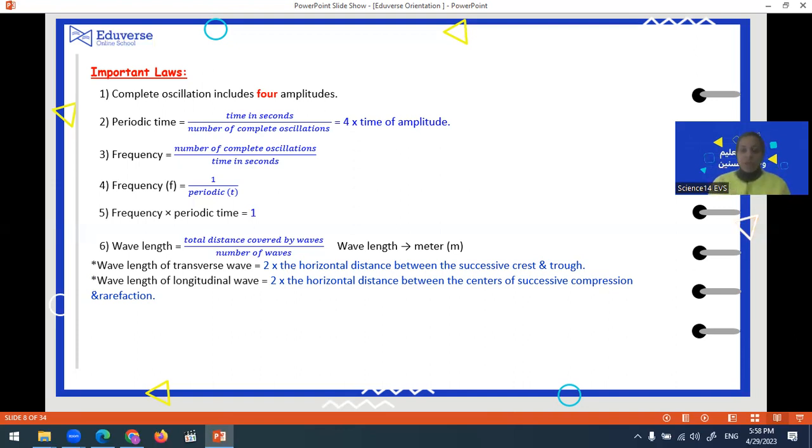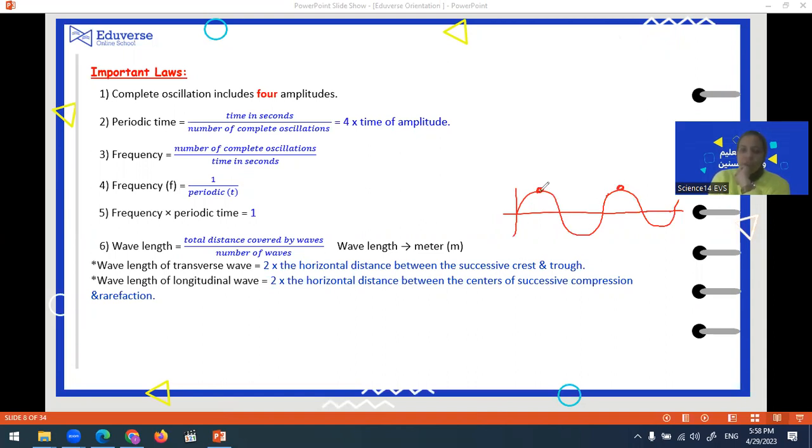So here we are saying if you have the distance between the crest and the following trough, let me make it more clear for you. If I have this wave, okay, this is the crest and this is the successive crest.